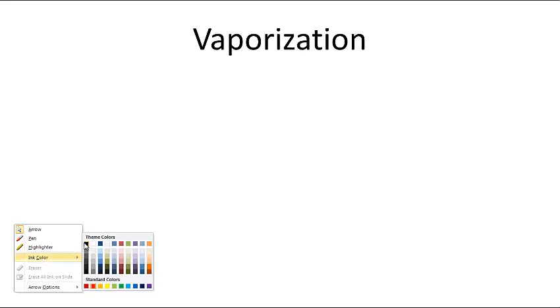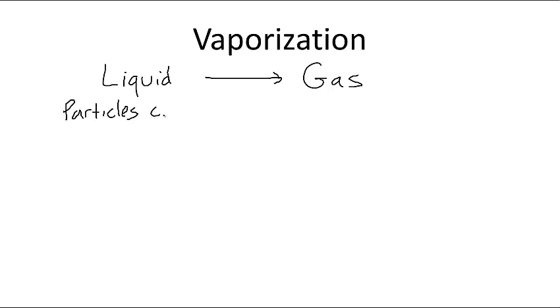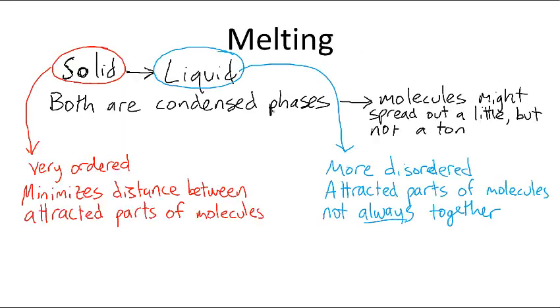For vaporization, now when you go from liquid to gas, the key difference is there's a big separation. So in both cases, the potential energy increases, whether it's melting or vaporizing.